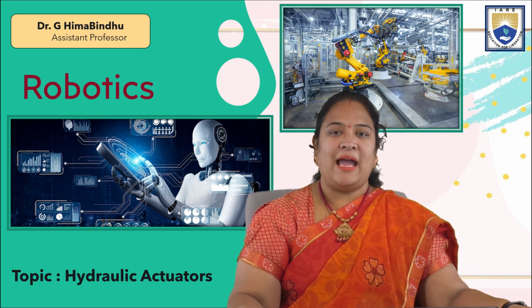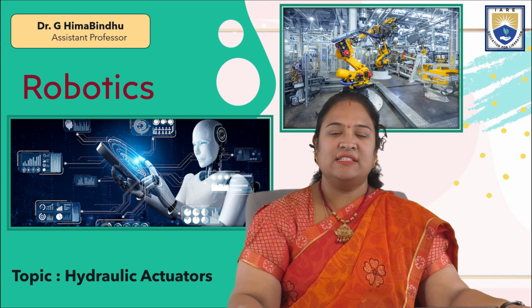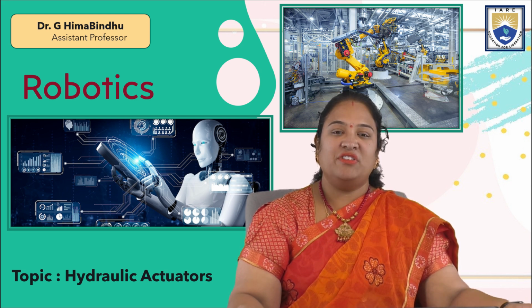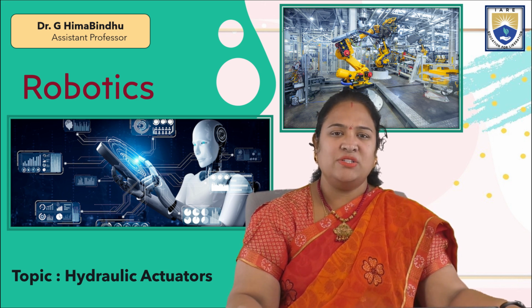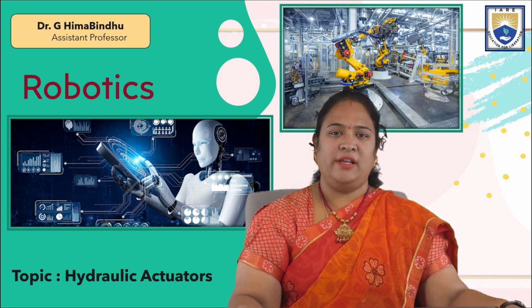What do we mean by actuator exactly? As we have discussed in the earlier class about the actuator and the types of actuators, in detail we have studied the pneumatic actuator. So in today's class we will be studying the hydraulic actuator.